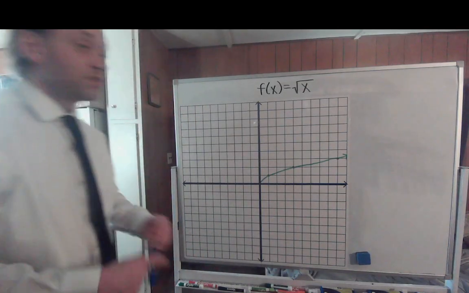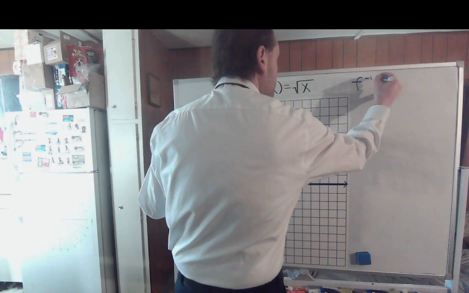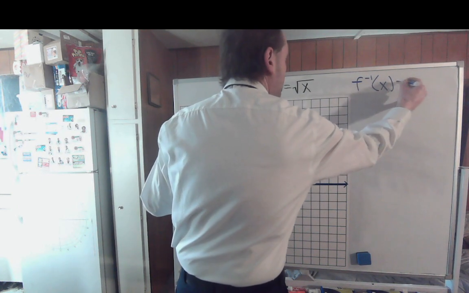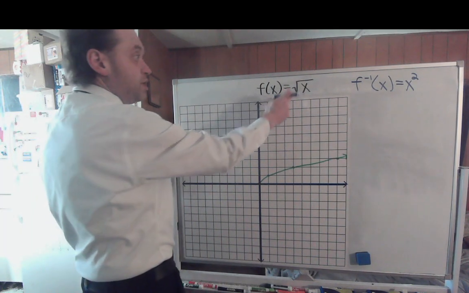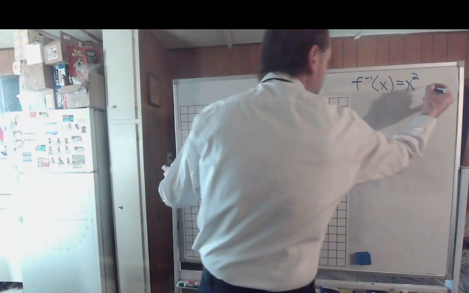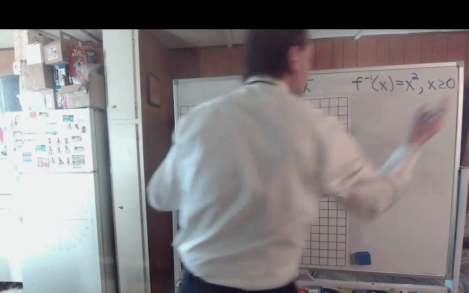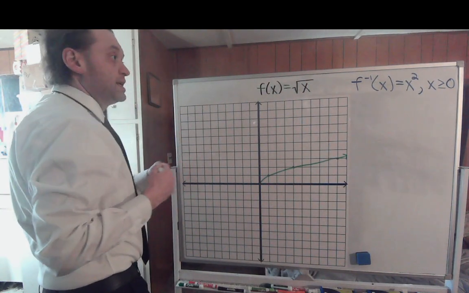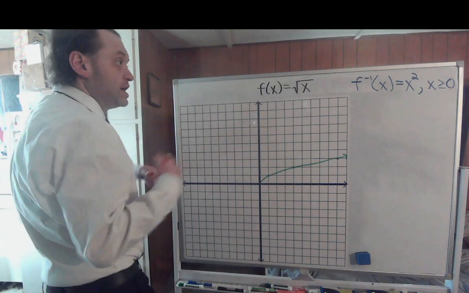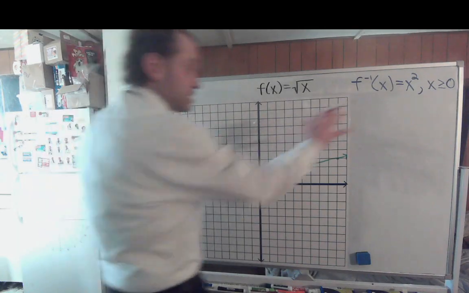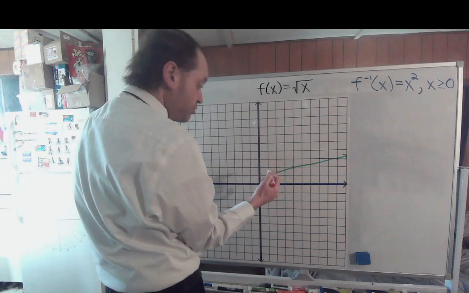The inverse of the square root of x, of course, is known to be x squared, particularly since it's just the positive square root of x. It's going to be from where x is greater than or equal to 0. So what that means is its inverse, f of x equals x squared, just the piece from where x is greater than or equal to 0, will be the right side of the parabola.